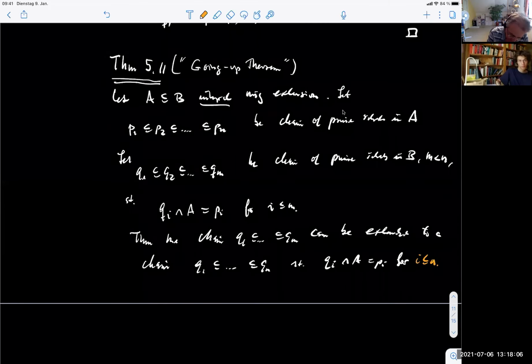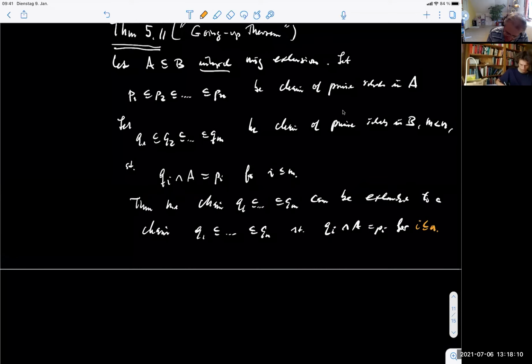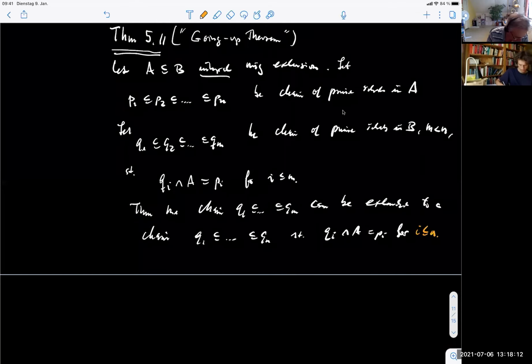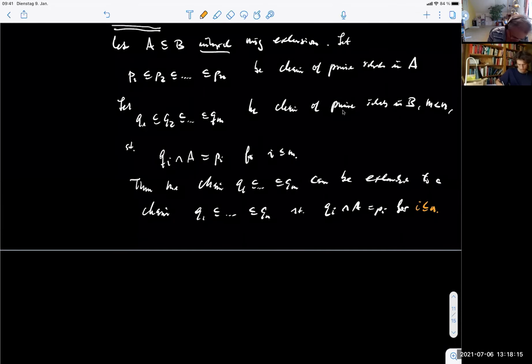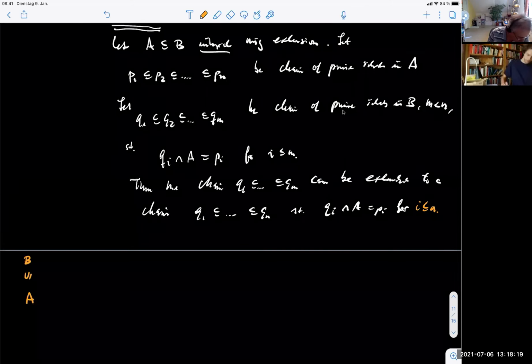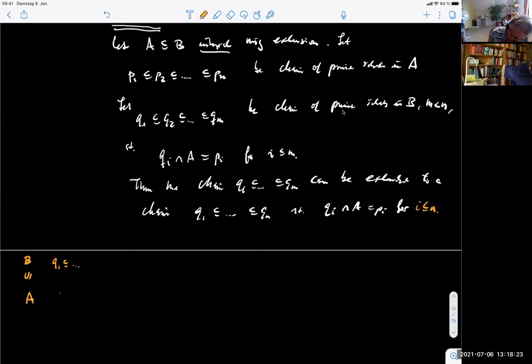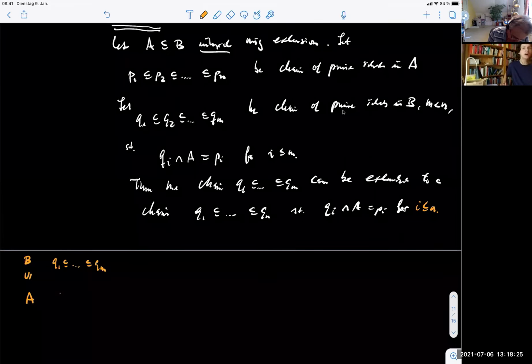Okay, so maybe a picture. A picture is always good if I have enough room. Then maybe here, A, B. So here is this Q chain. Here is the P chain. But this one goes further up to n.